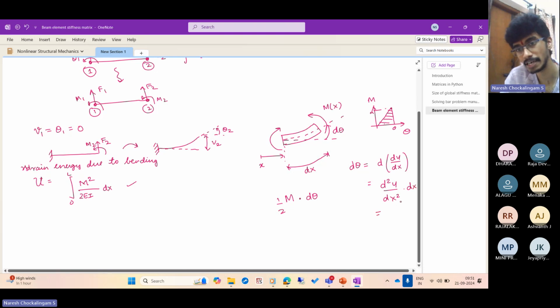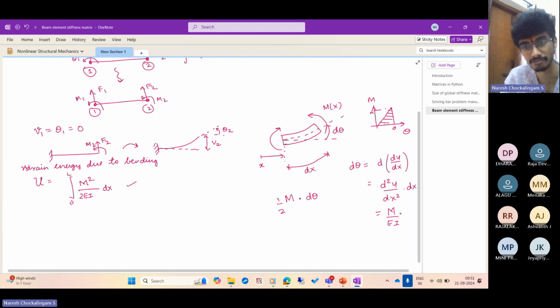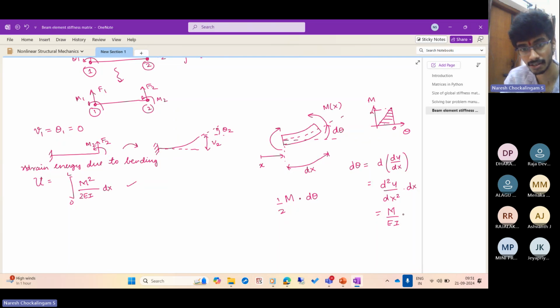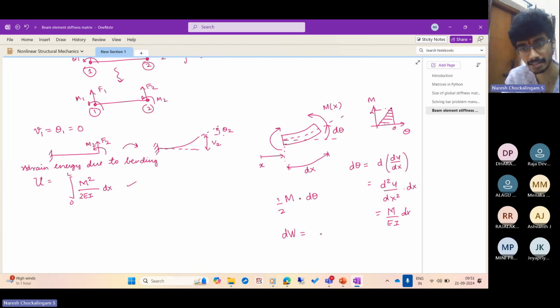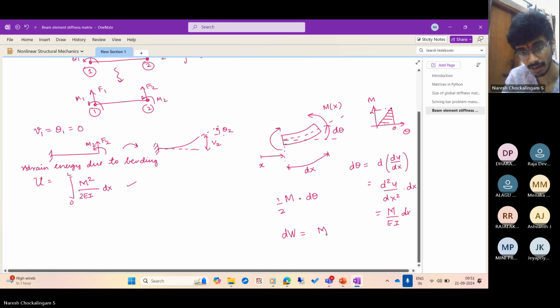But what is d square y by dx square? From beam bending theory, it is M by EI. Yes, it is the curvature. So you get something like this. Therefore, the small work done in this section of the beam over a section dx is half M square by EI dx.